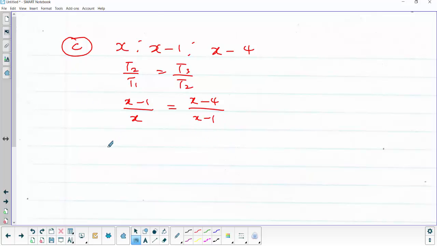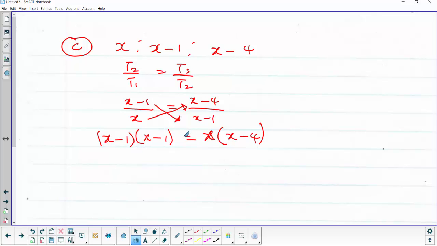Now we can cross multiply. We are going to have x minus 1 into x minus 1 equal to x into x minus 4. That is when you cross multiply. Let me indicate it: this to this and this to this as well. So this is what we are going to have.